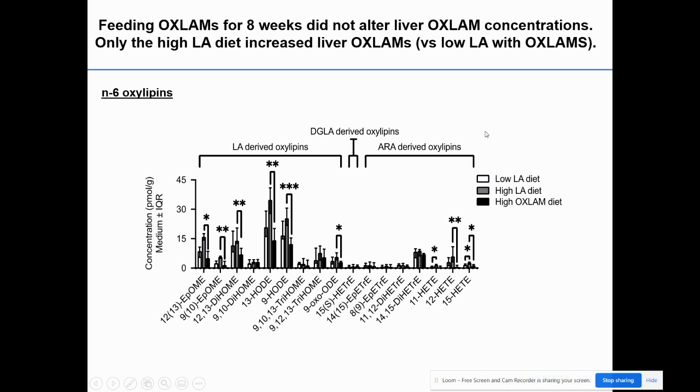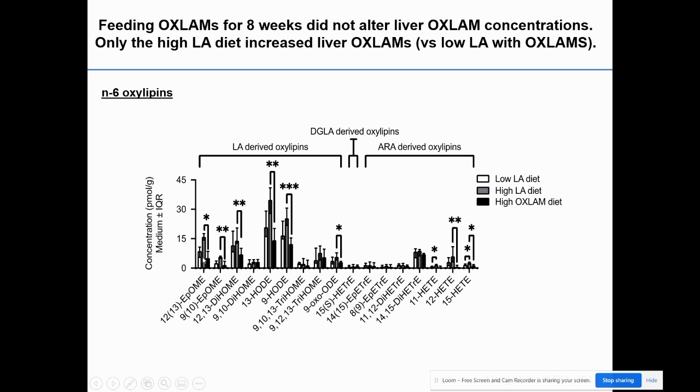These are all the OXLAMs, so don't mind the abbreviations. Like I said, there's so many OXLAMs that are formed in the diet. And to the right are metabolites of other polyunsaturated fatty acids that we looked at, arachidonic acid and dihomogamma-linolenic acid. Let's ignore these for now, and focus on the LA-derived oxylipins, which are the OXLAMs.